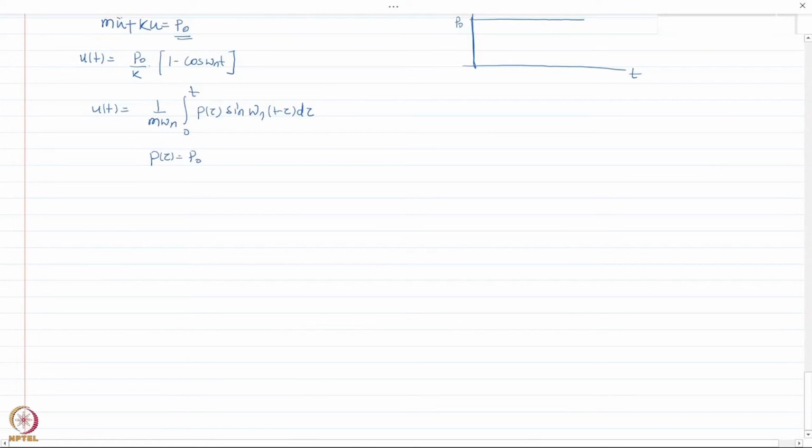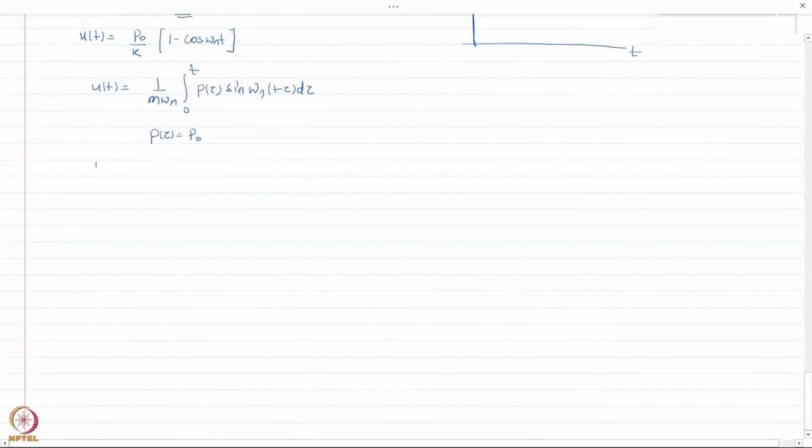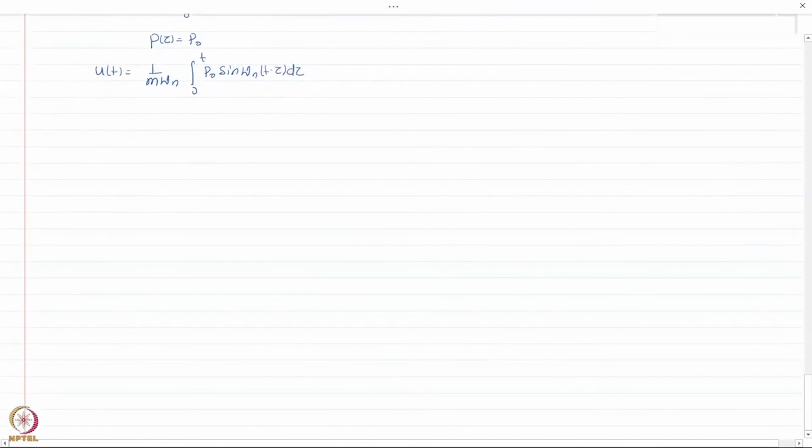If you substitute it here and integrate, this is p naught sine omega n (t minus tau), remembering we are integrating with respect to the integration variable tau.